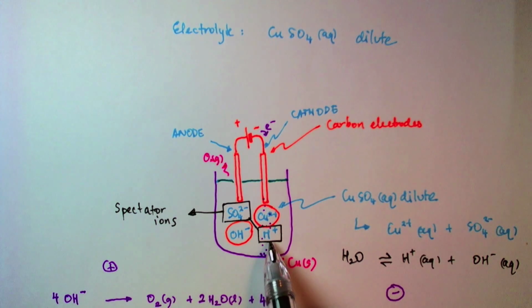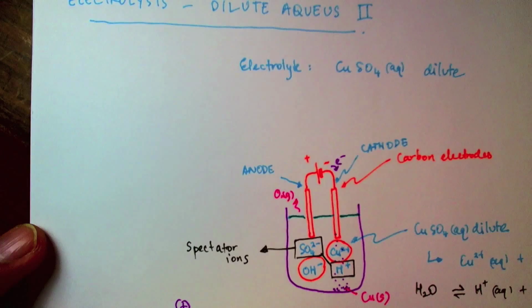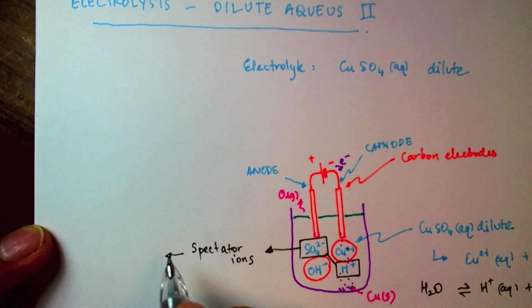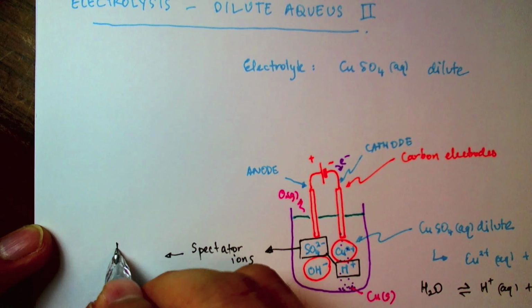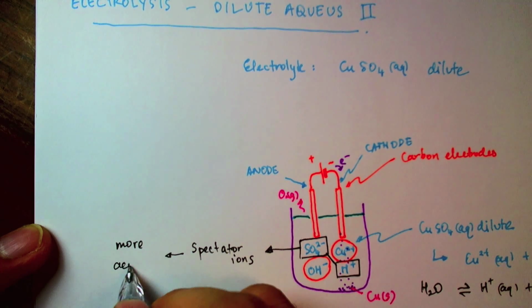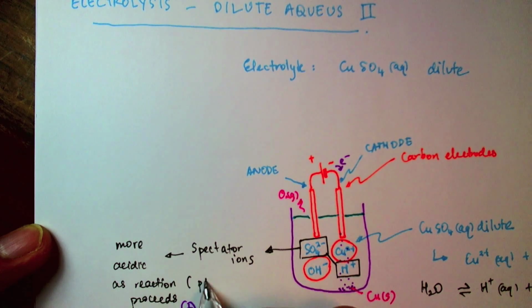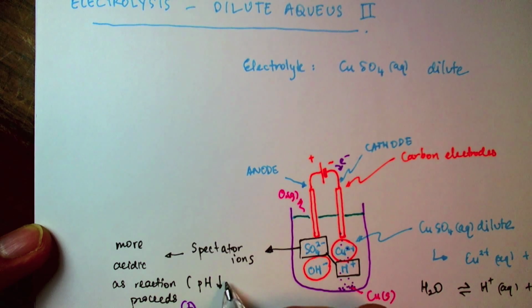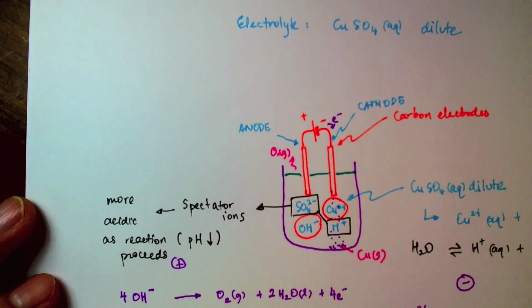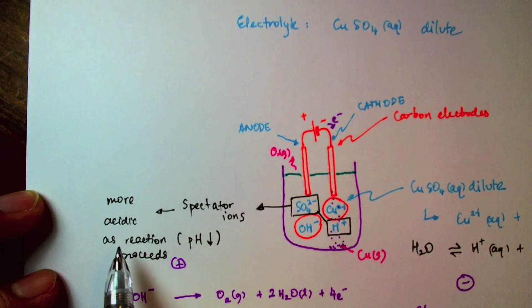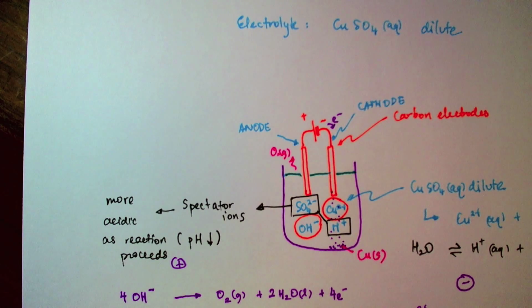So as the concentration of hydrogen ions increases, the solution becomes more acidic as the reaction proceeds, meaning the pH of the solution will drop. If you're unfamiliar with the notion of pH or acids and alkalis, just ignore this for the moment. We will look at it in a future video.